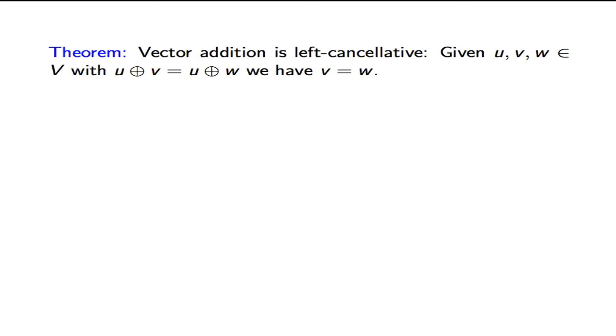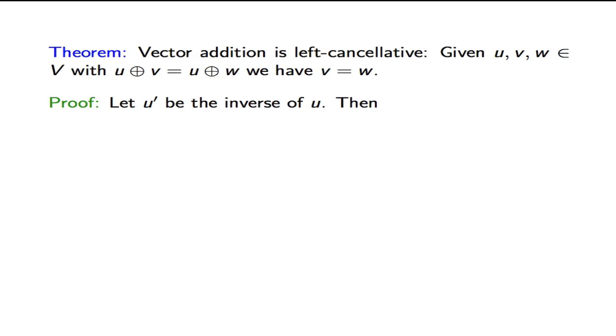Our next result says that vector addition is left cancellative. What this means is the following. If we are given u, v, and w, elements of the vector space, and we are told that u plus v is equal to u plus w, then we can cancel the u, which appears at the left of both expressions, and get that v is equal to w. Let's see a proof of that.